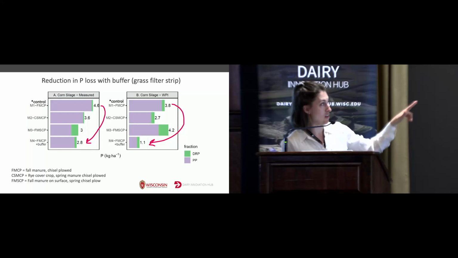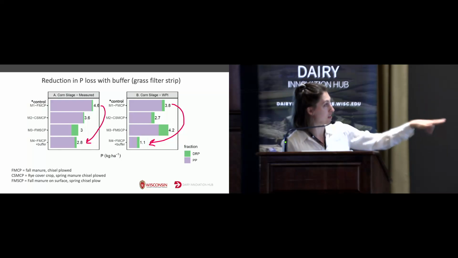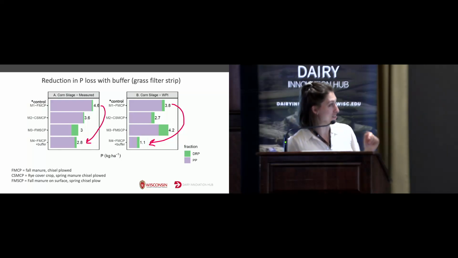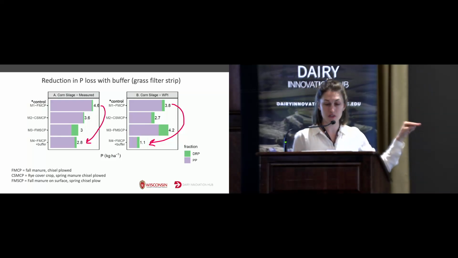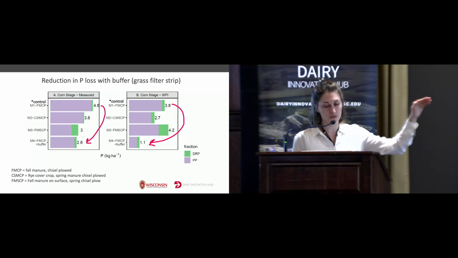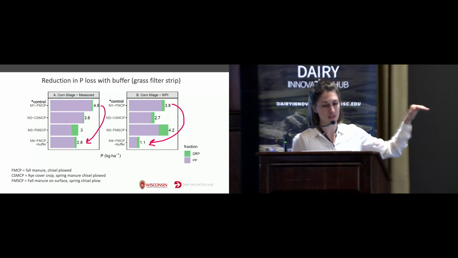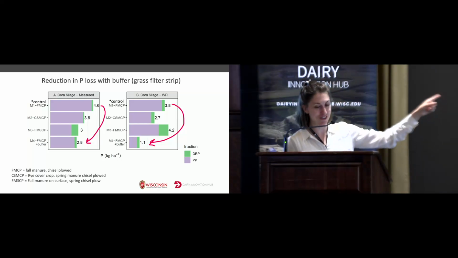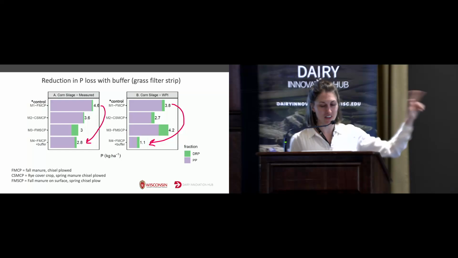So what we can see in both the monitoring case and in the Wisconsin Phosphorus Index case is that we're tracking that reduction in phosphorus loss that is benefiting from the buffer. So we're able to see the benefit of that practice in reality, in measured on the left side, and then in our modeling on the right side.